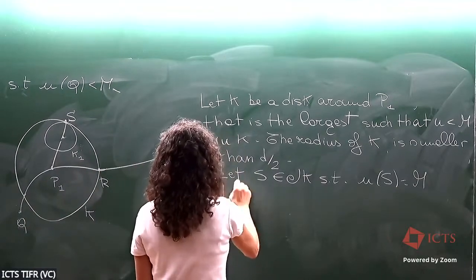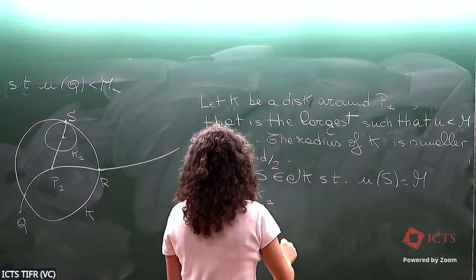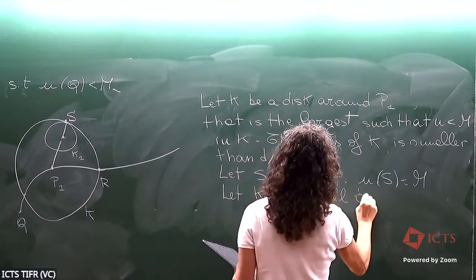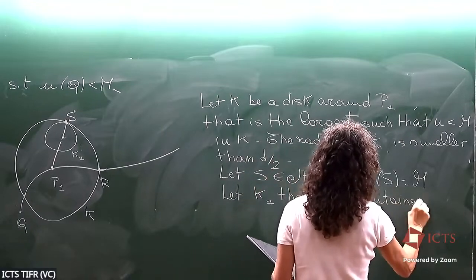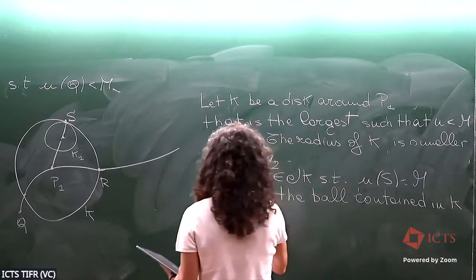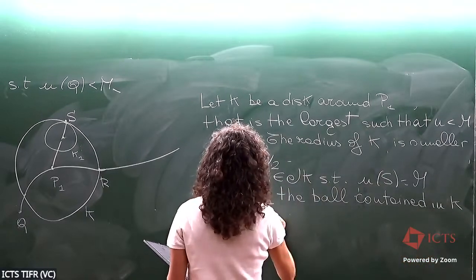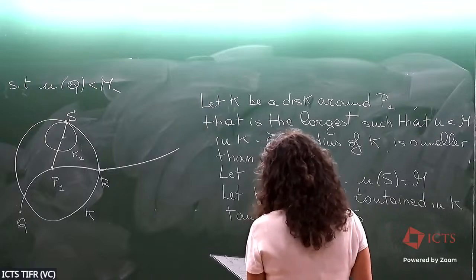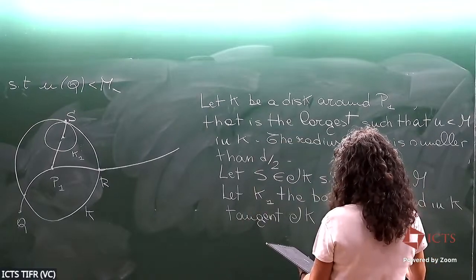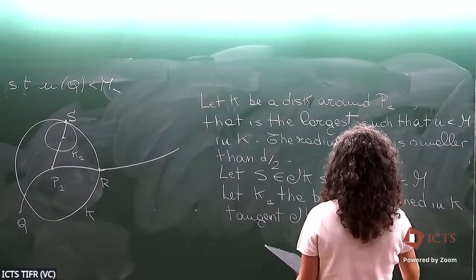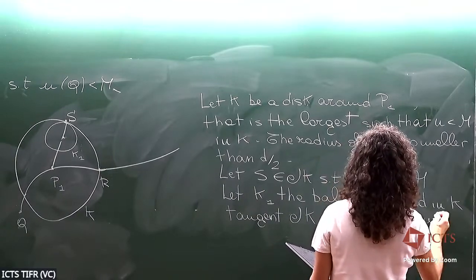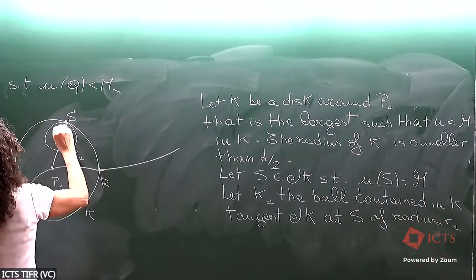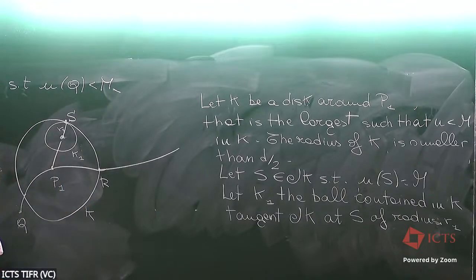Let K1 be the ball contained in K, tangent to the boundary of K at S, of radius, let's say, R1. It's contained, so it's there.